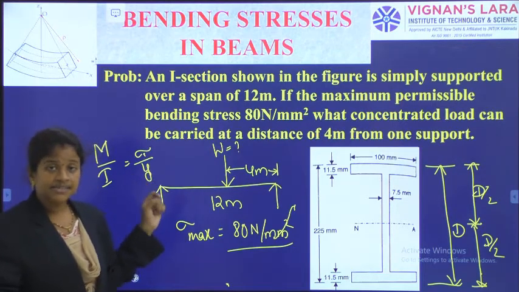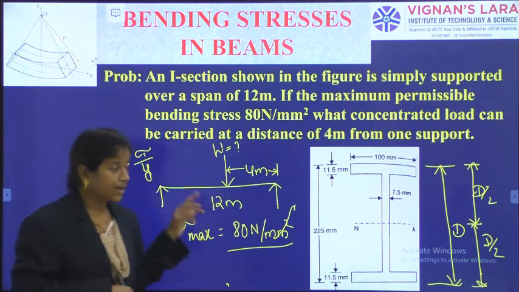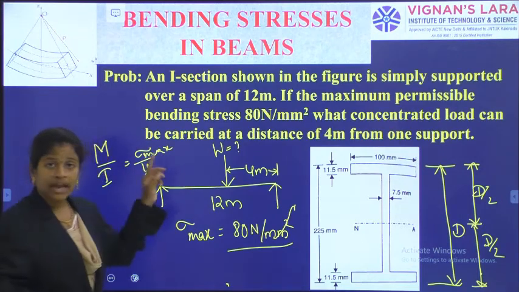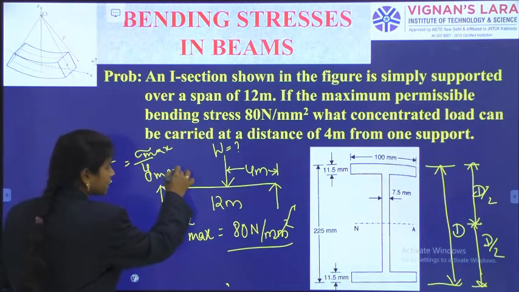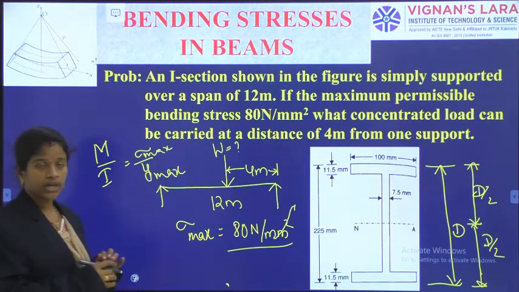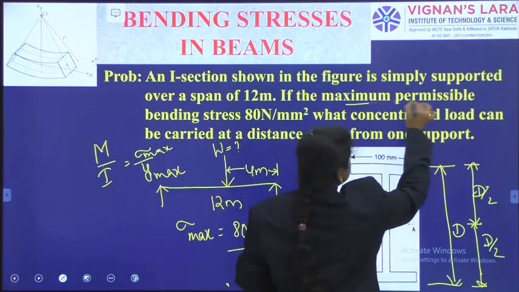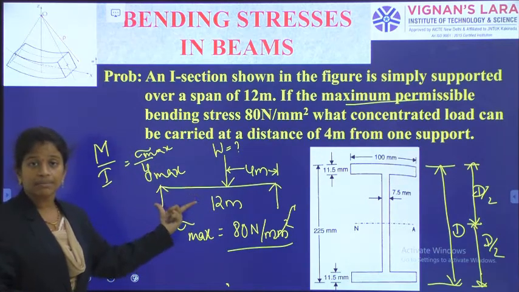Y is the distance of the extreme fiber from the neutral axis when I am using sigma as sigma max. If I am using the sigma max answer, I need to use the Y max answer. If I am using some other sigma, I can use some other Y. I am using sigma max, the maximum permissible stress, so I need to use Y maximum.